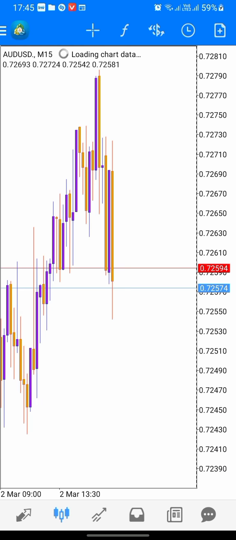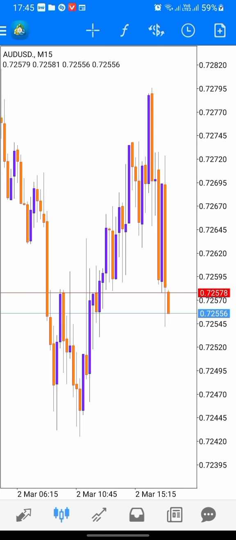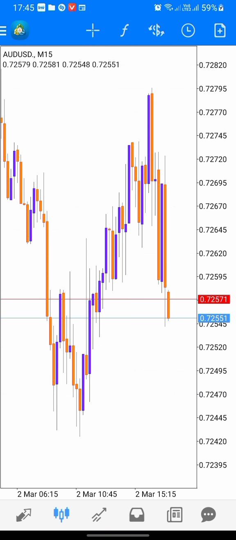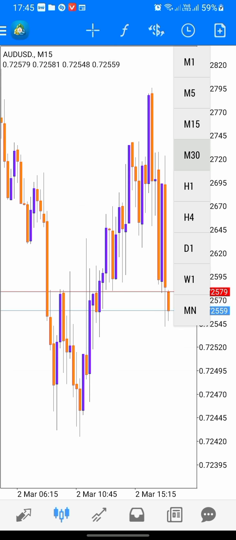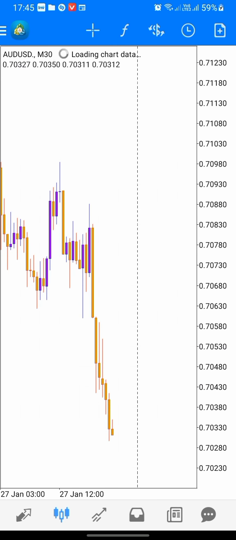Then we have our 15 minutes, still on the same chart. Our 15 minutes means we need three 5 minute candlesticks to create one candlestick on the 15 minute time frame.